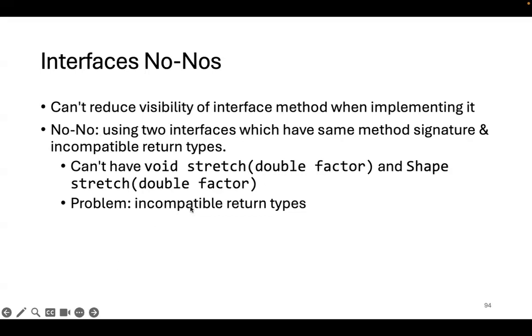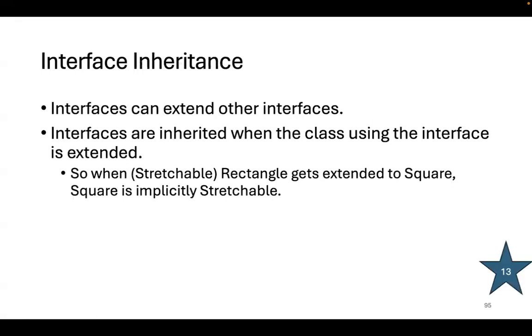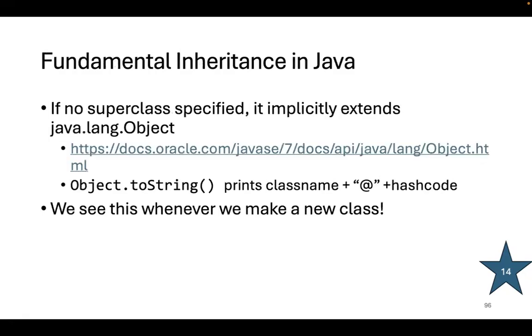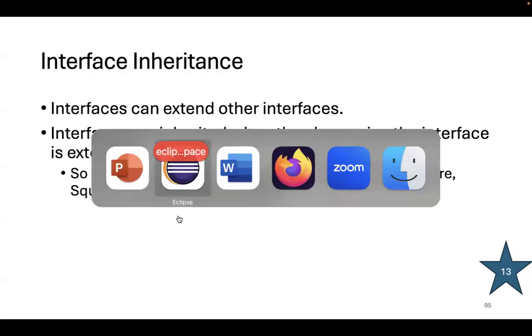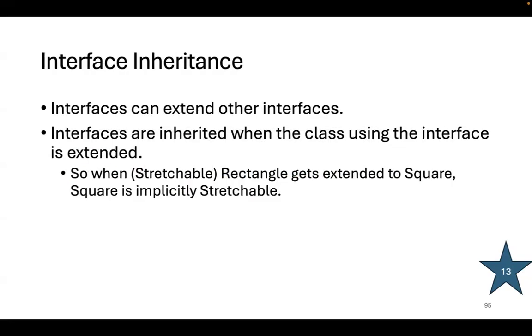And so you have to make sure that those things are compatible. If you need to, interfaces can extend other interfaces. And we'll see in lab 5, the interfaces are inherited when the class using the interface gets extended. So we'll see that when we talk about lab 5 in a moment.